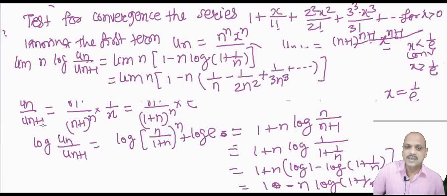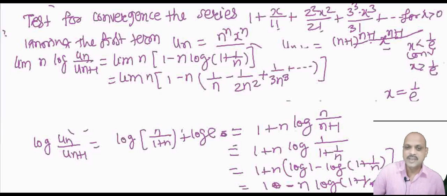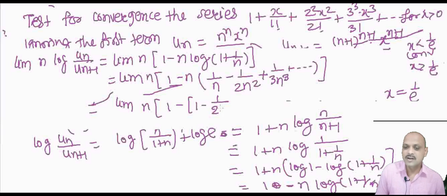Now multiplying by n in the bracket term, we get limit n into (1 minus (1 minus 1 divided by 2n plus 1 divided by 3n square minus, like this)).